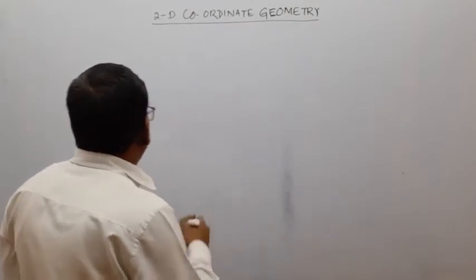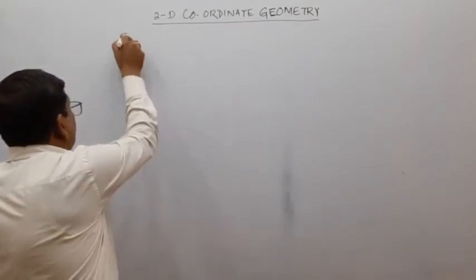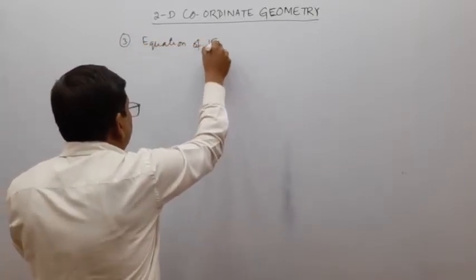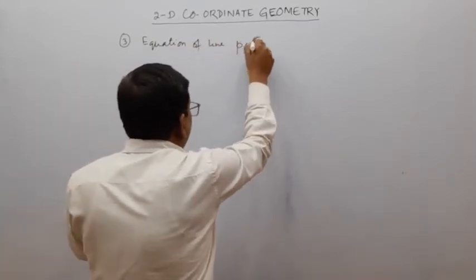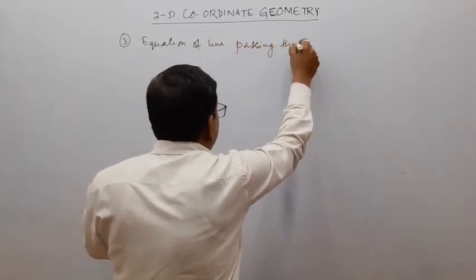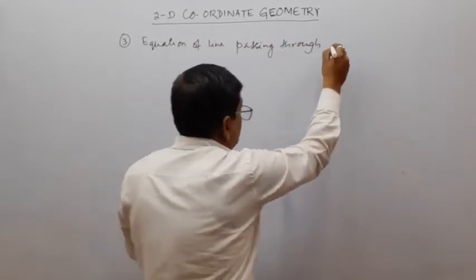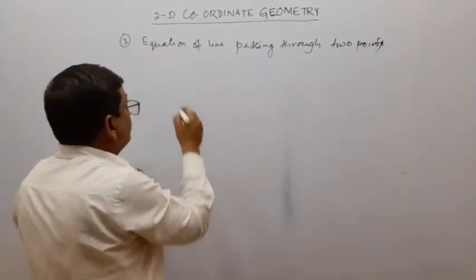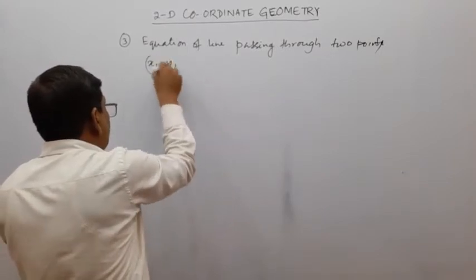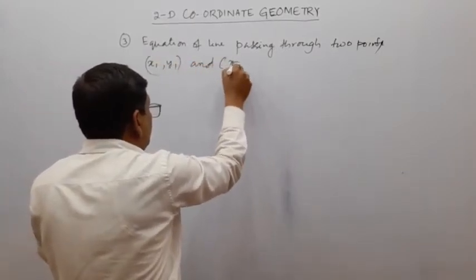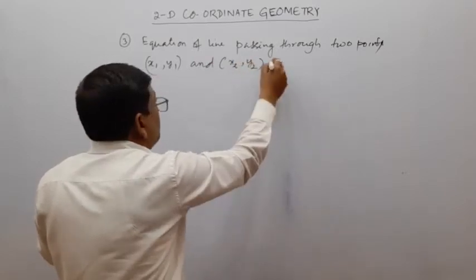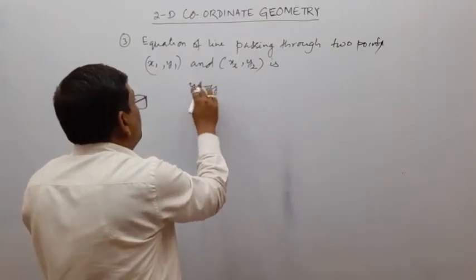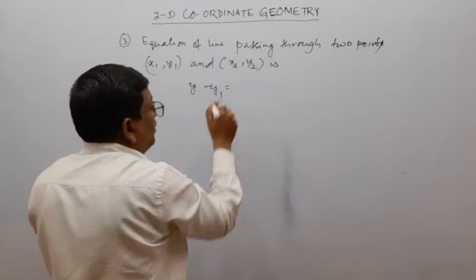Type 3 is the equation of line passing through 2 points x1 y1 and x2 y2, which is given by y minus y1 is equal to m into x minus x1.